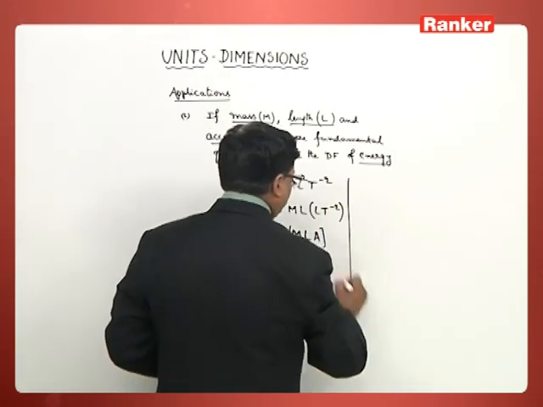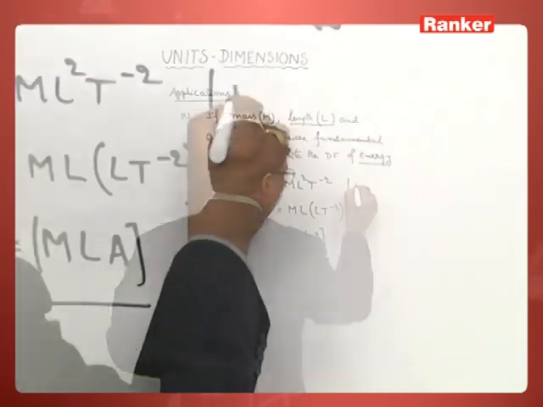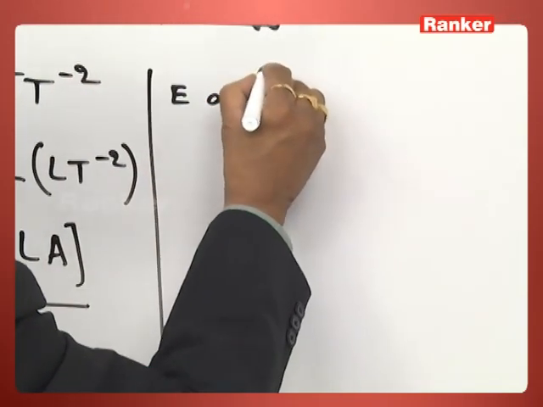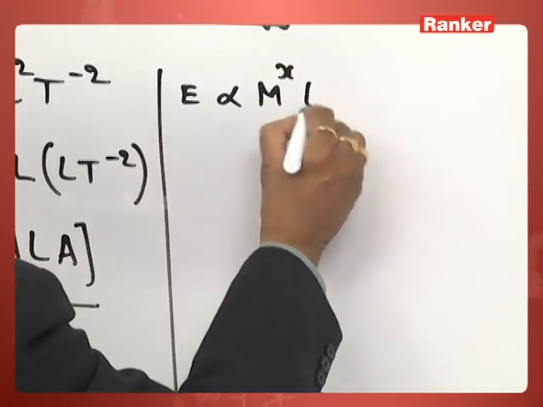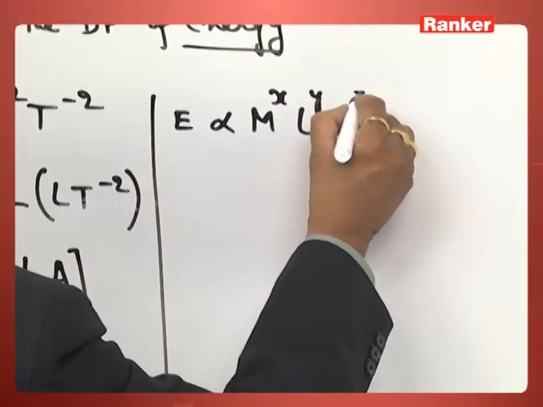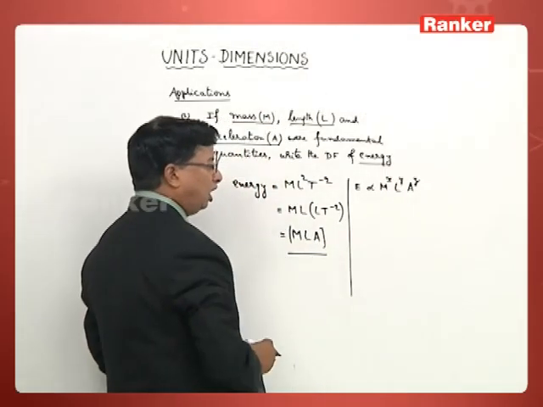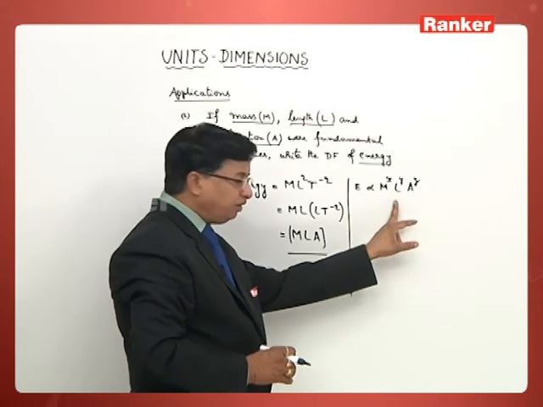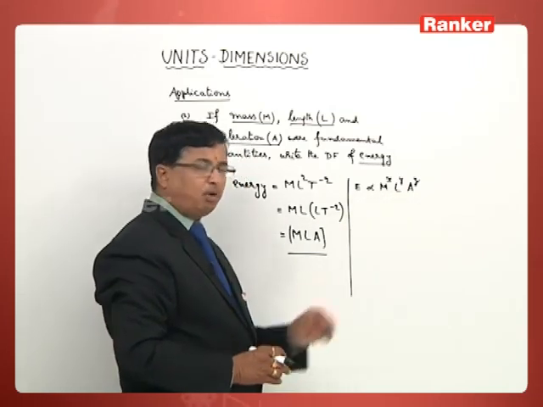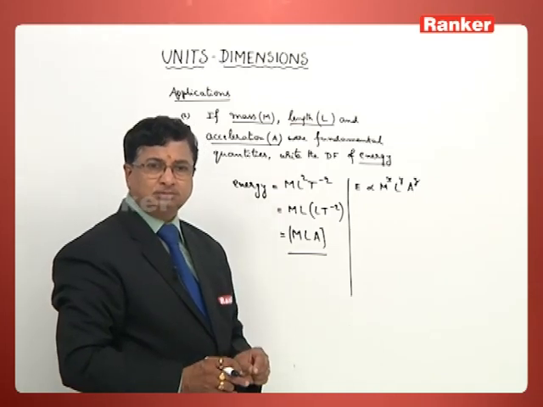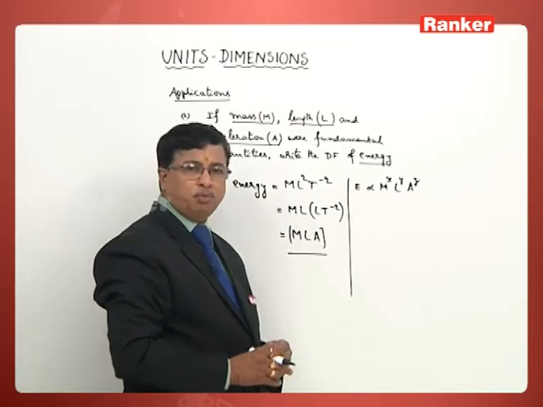I can say that energy is proportional to mass to the power x, length to the power y, and acceleration to the power z. I just want energy in terms of mass, length and acceleration, so I have taken their powers as x, y and z. I have written that equation now.